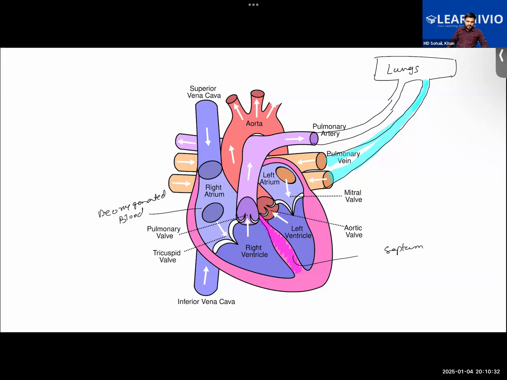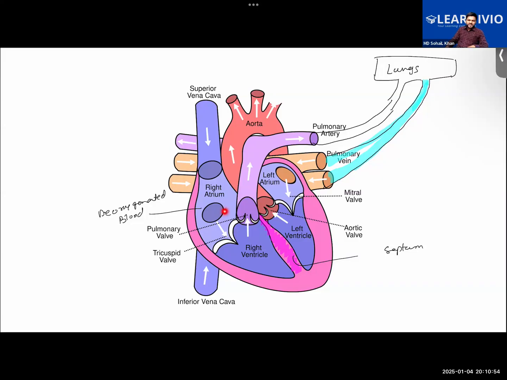Yes, sir. What is atrium, sir? Atrium is the upper chamber. Basically, it's a name given to the chamber. So the right atrium is on the right side of the heart, and it receives oxygen-poor blood from the body.